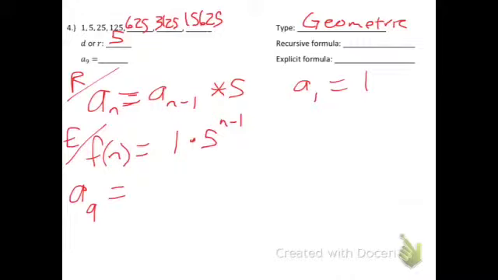And you just kind of plug that in a calculator and it will get it for you. And that is 390,625. And that one, yeah, should be pretty much done.